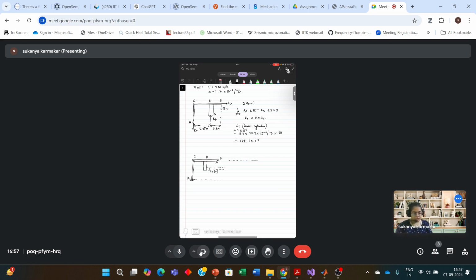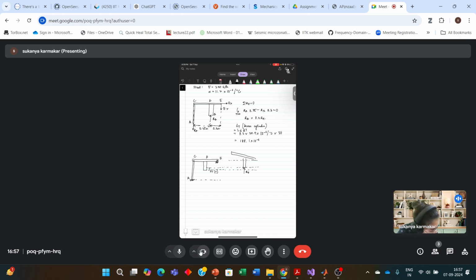Now, what will happen? Let's apply the support reaction at B. RB is a vertically upward reaction, and let's assume because of these support reactions, the bar rotates like this.